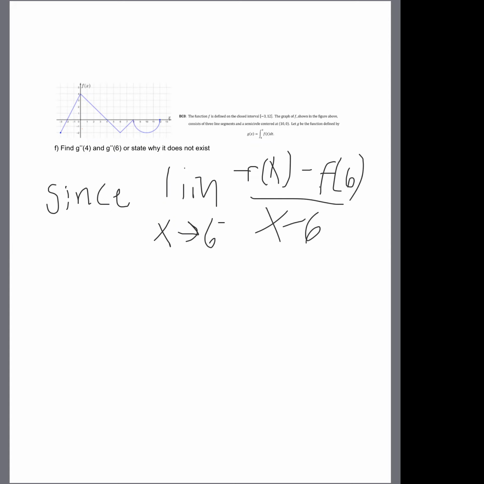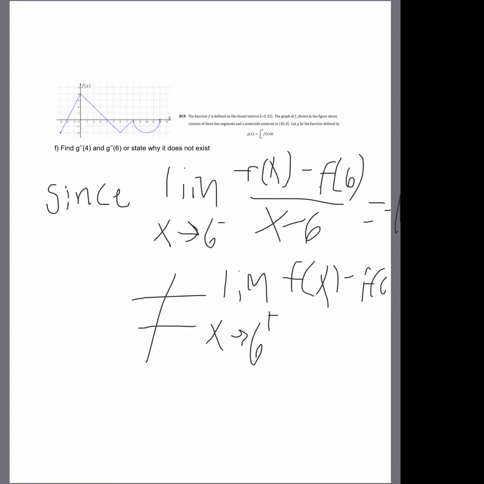Since the limit as x approaches 6 from the left of (f of x minus f of 6) over (x minus 6), which is equal to -1, is not equal to the limit from the right, let's write the same thing over again.